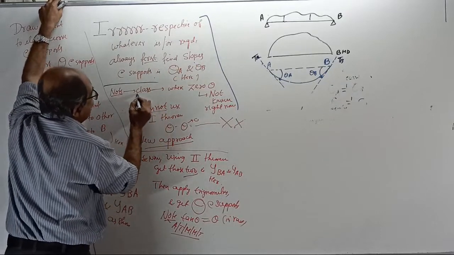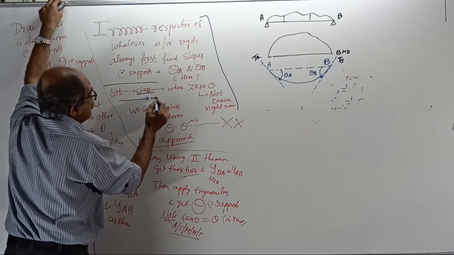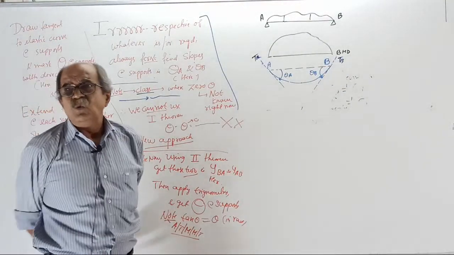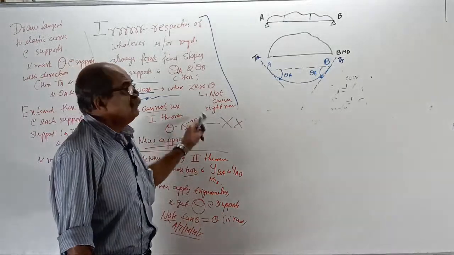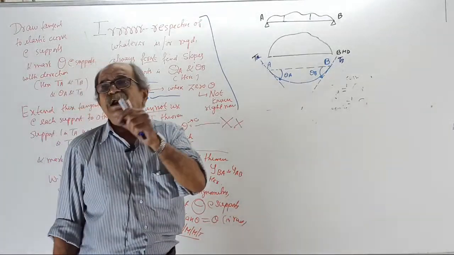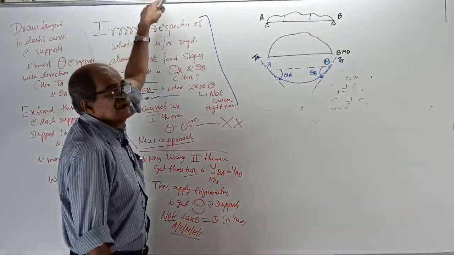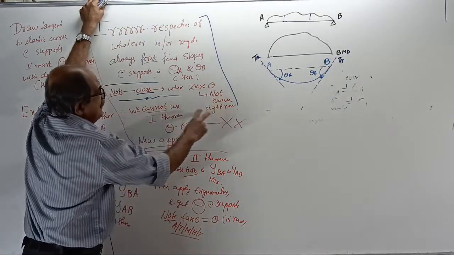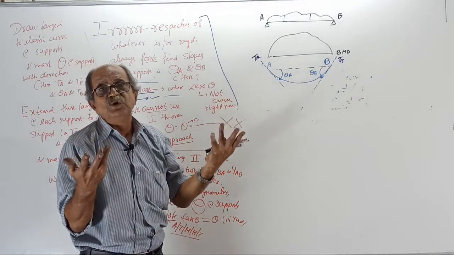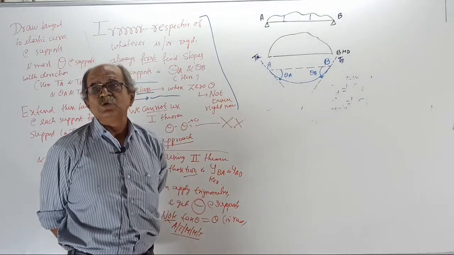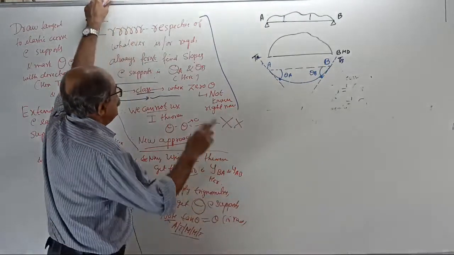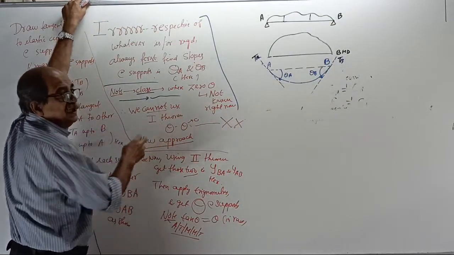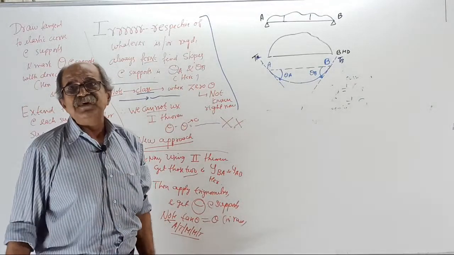See, note, class, I am dictating something now. Usually, earlier, what you used to do is, you consider Moment area first theorem from A to center, because at center theta equal to 0. But here, theta 0 is not known at present, we do not know where is the 0 slope. Since we do not know where is 0 slope, we cannot use first theorem. What is the theorem?